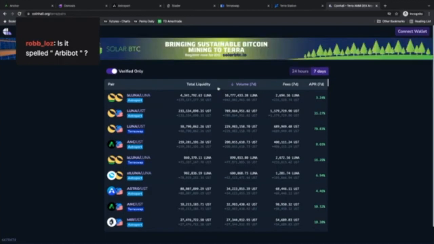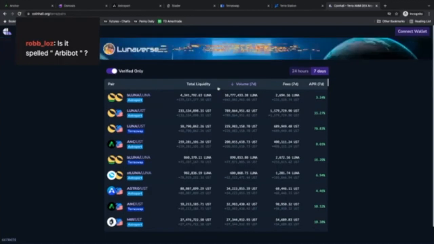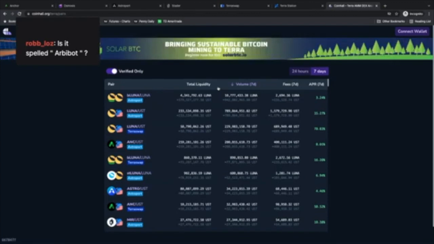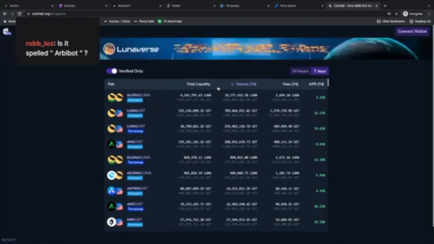Yep. And think of it this way: all you're really doing is reducing your volatility risk. So, for example, in a year, if you make 20% more Luna, and the price of Luna is 20% lower than it is now, you're essentially breaking even already. So you're reducing volatility risk anytime you make yield.